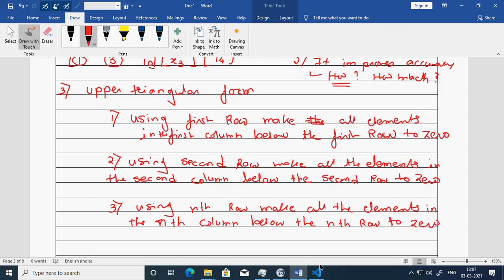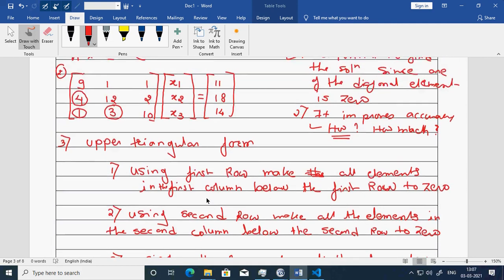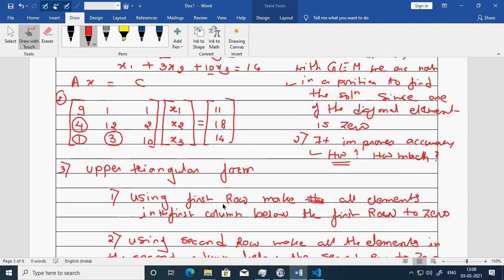So this is now a generalized statement. If we follow this process, we get the upper triangular form. Okay, so let's convert our system into an upper triangular form.